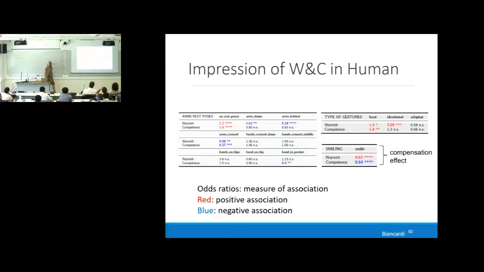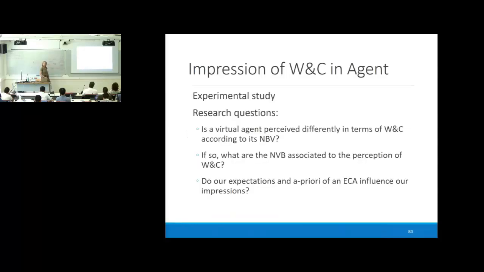Okay? So once we have that, that comes from human studies. We want to see if we have the same thing with a virtual agent. So we're conducting an experimental study where we ask ourselves, is a virtual agent perceived differently in terms of warmth and competence according to its behaviors? And if so, what are the nonverbal behaviors associated with warmth and competence?